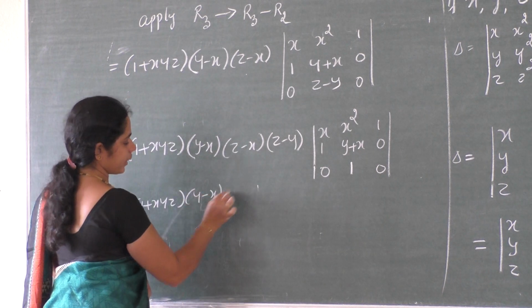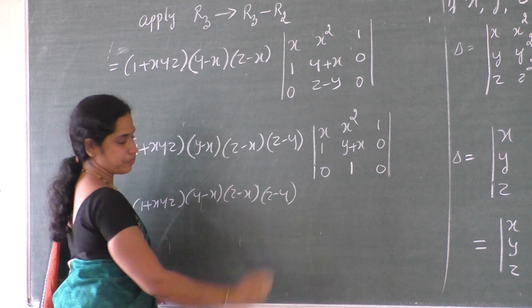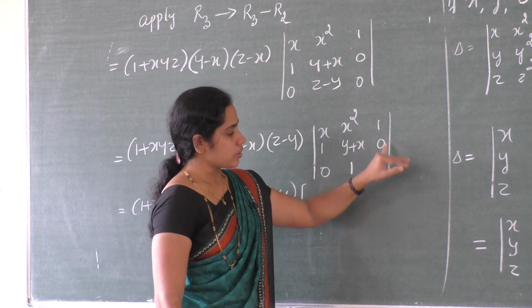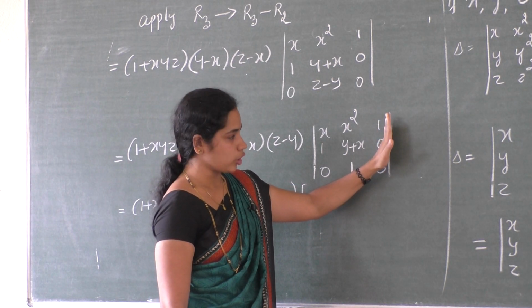This is equal to 1 plus xyz, y minus x, z minus x into z minus y into expansion along the third column, we can do.